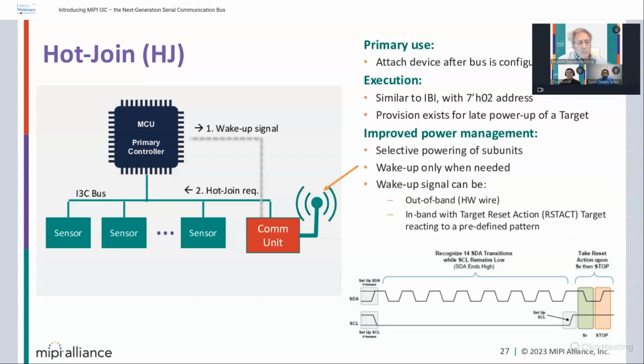So in I3C, there is a possibility to join it live. The feature is called hot join. The way it's done is a special interrupt with a predefined code. It's a 02, by the way. Because the unit that's joining does not have an address yet, this code is reserved to say that somebody has joined the bus and wants to become active.